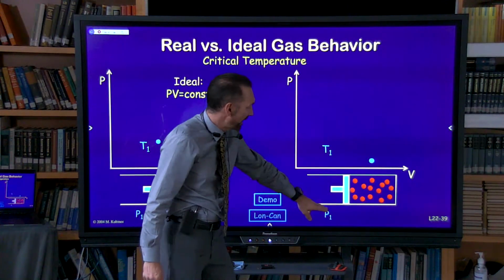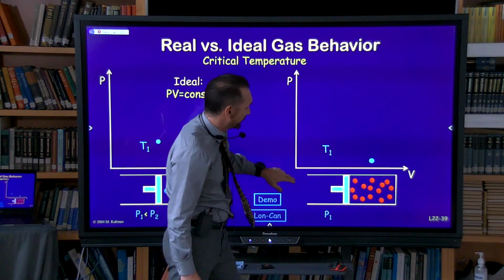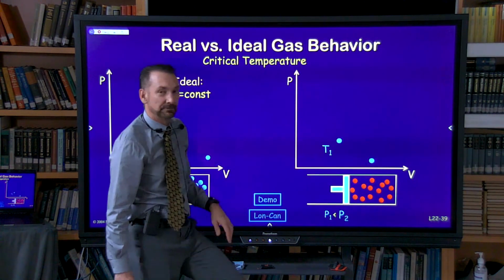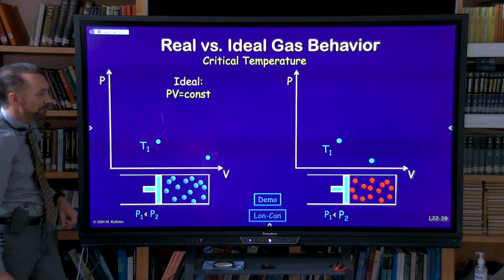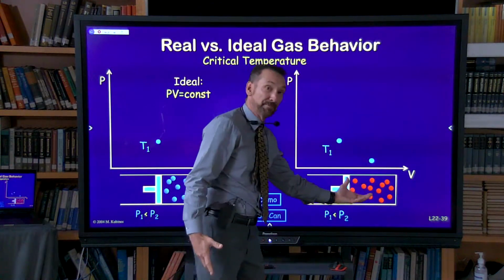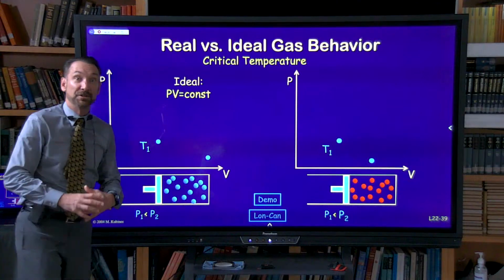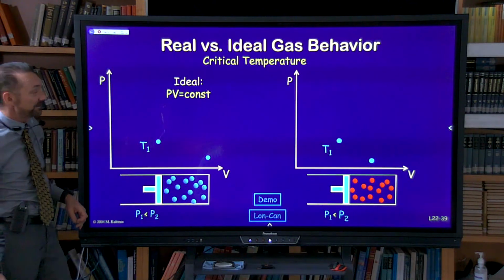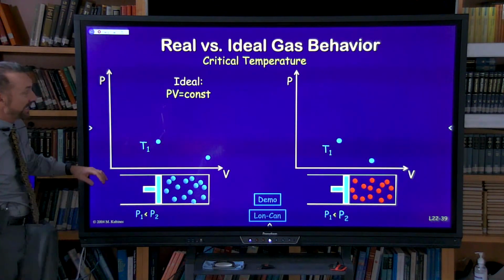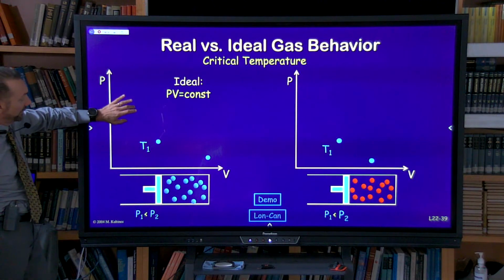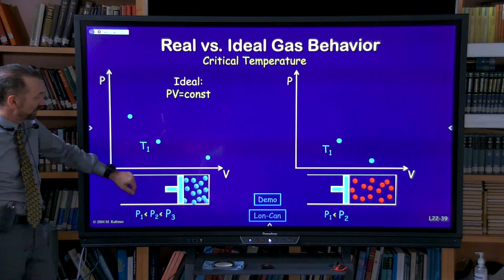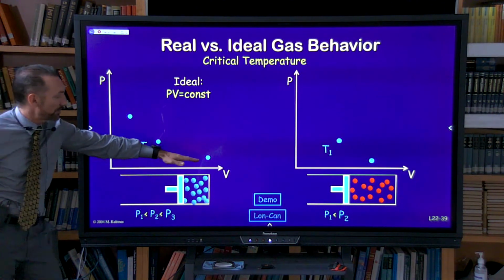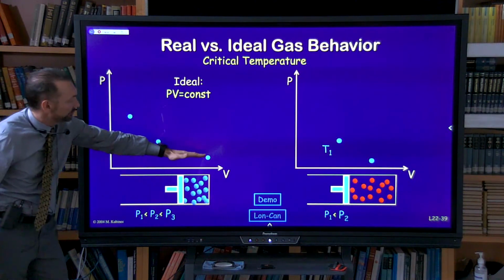I drop that volume, the pressure goes up. Same thing, because the gas is behaving ideally, and most dilute gases, so low density gases, behave ideally at room temperature. Let's keep going. Squeeze this again. Pressure continues to go up, and we know the shape of that curve. That's P times V is a constant.